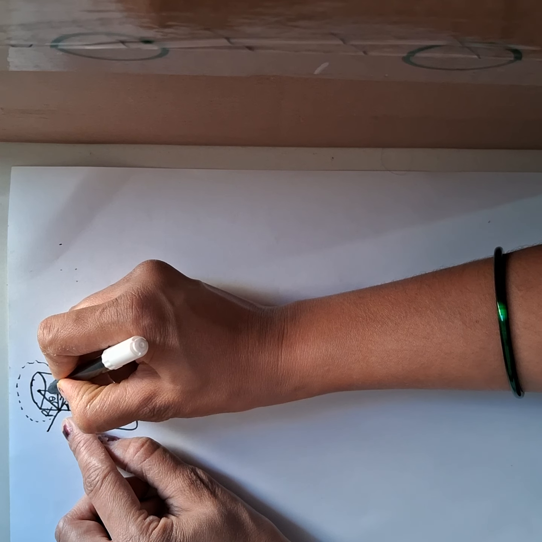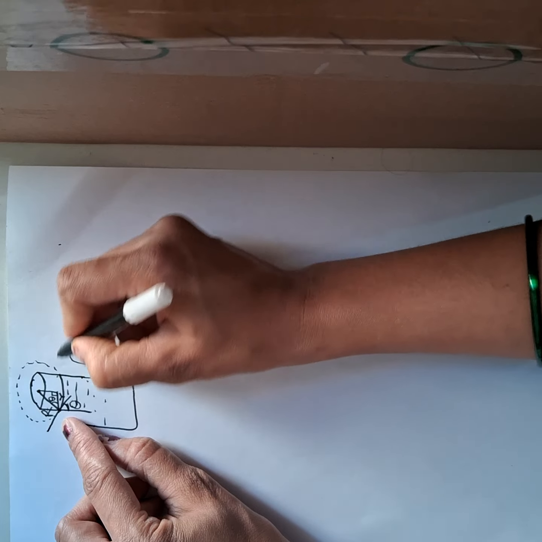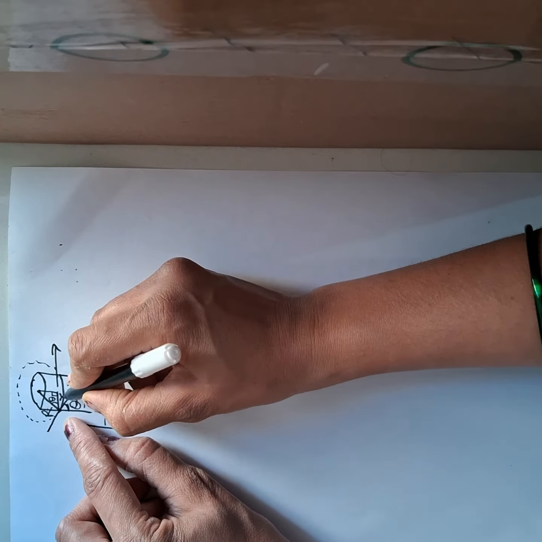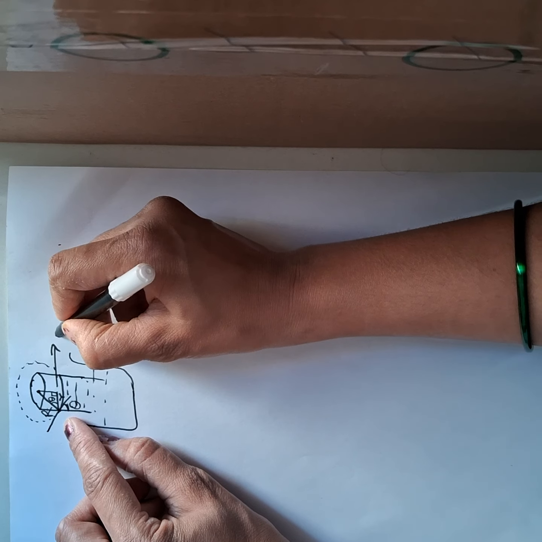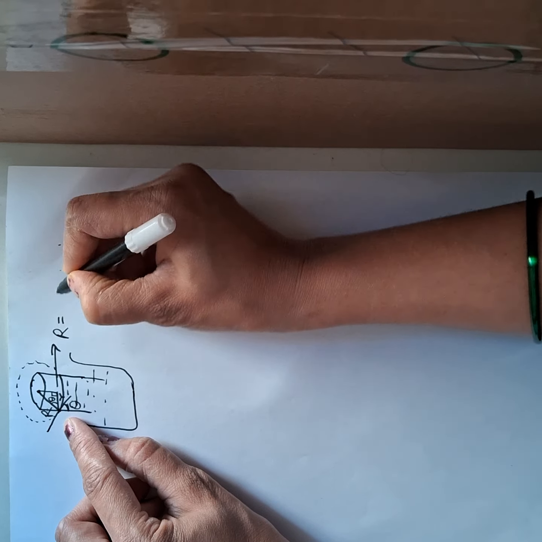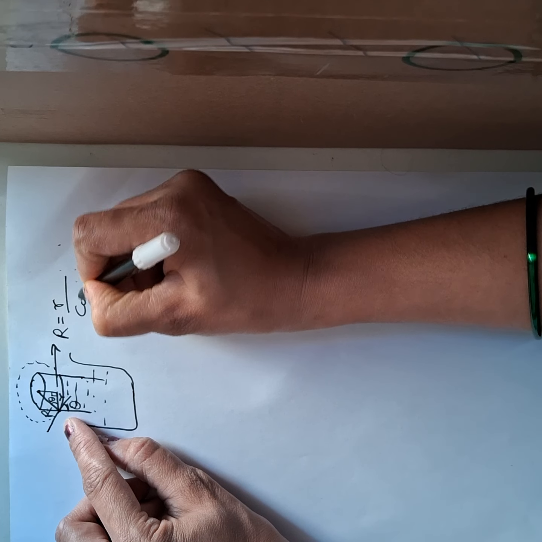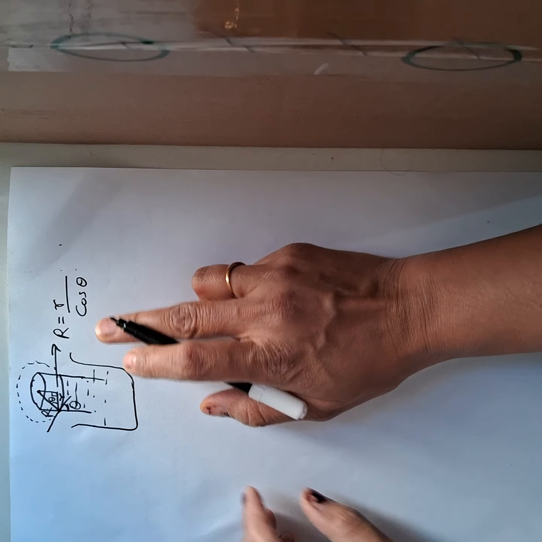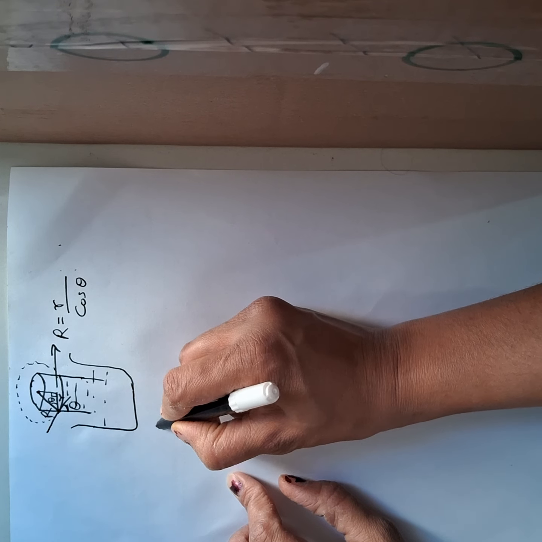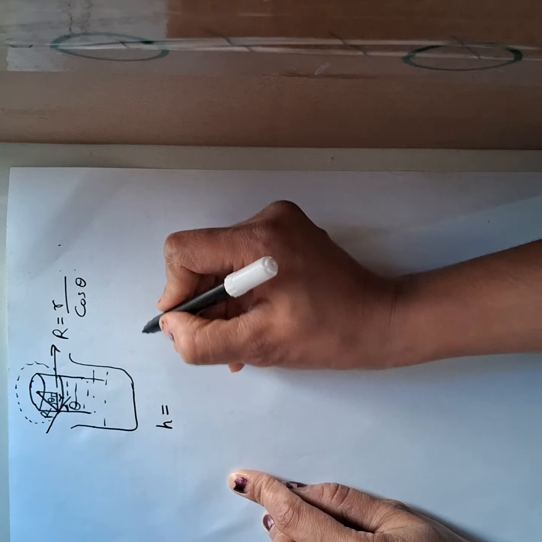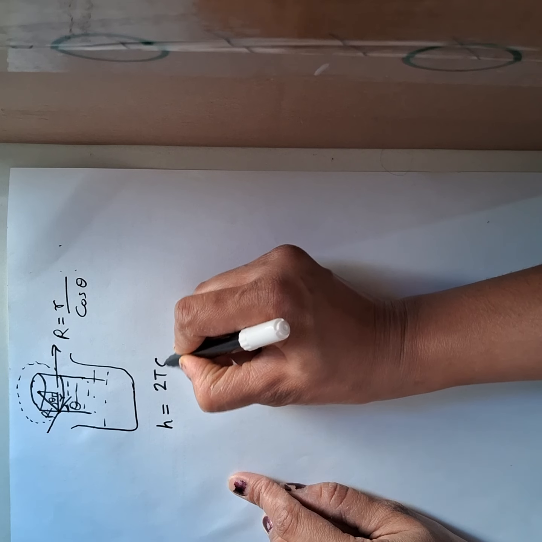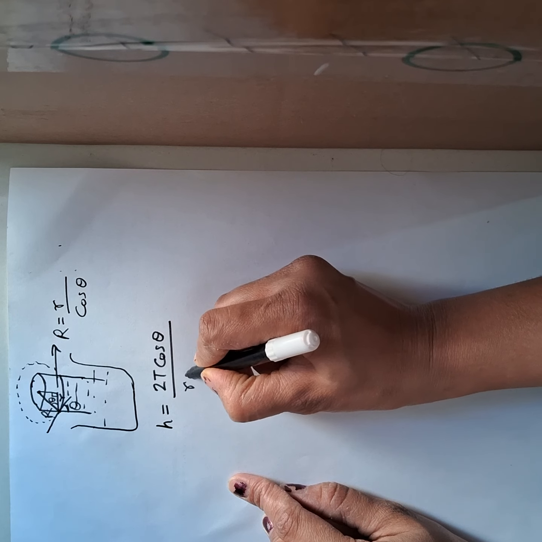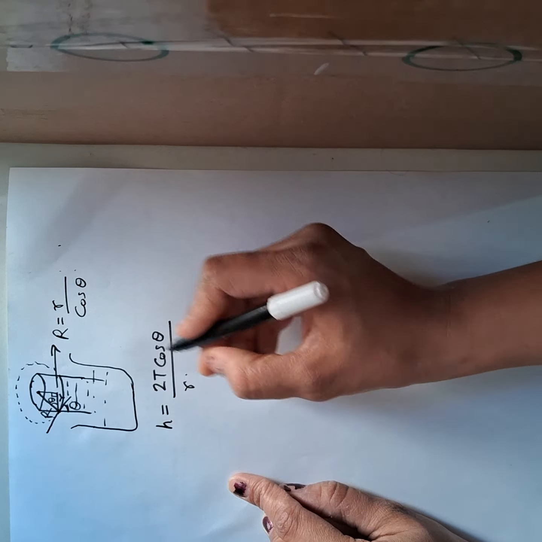And if we draw this as perpendicular, 90 degrees, then the relation between R, that is the radius of curvature, and small r, that is the radius of this capillary, is R is equal to r upon cos theta. If we substitute this value of R in that equation, we get h is equal to 2T cos theta upon r rho g, where r is the radius of this capillary.